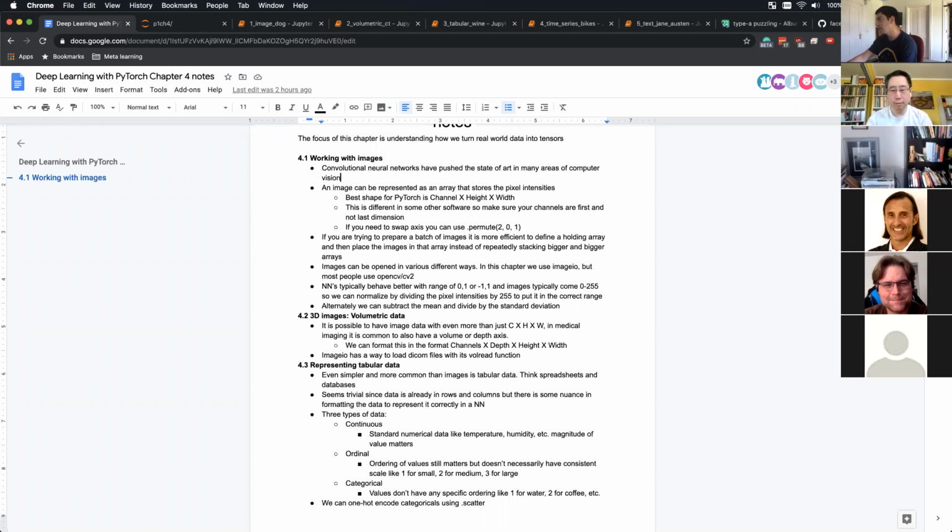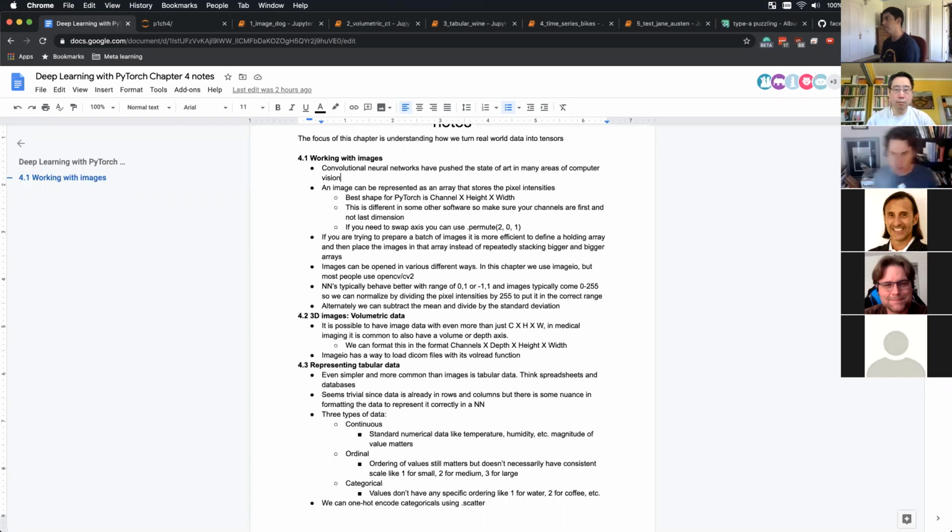Someone had a question about normalizing by standard deviation versus normalizing by dividing by 255. So part of that, it doesn't really make a difference. You're just doing a simple linear scaling either way, because the way you would typically apply it is you learn the statistics.